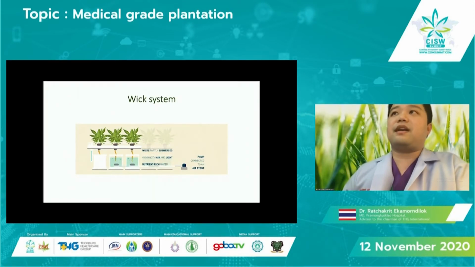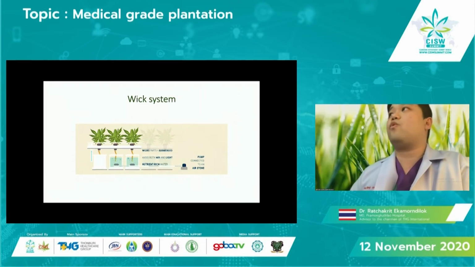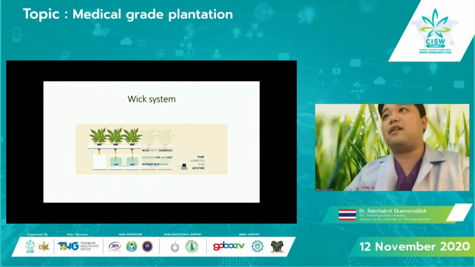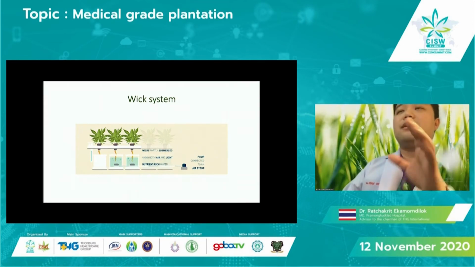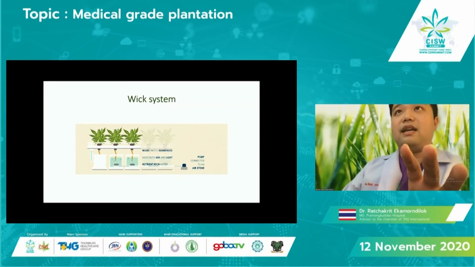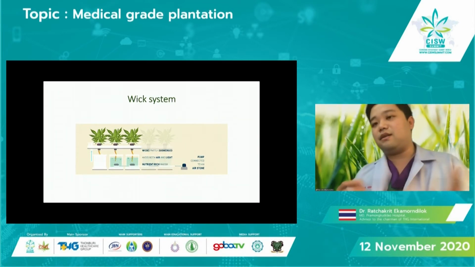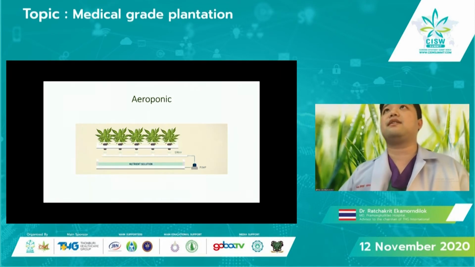A wick system is maybe similar to DWC, or deep water culture. But you have to avoid air and light on the root, or it can cause a problem and cause bacteria overgrowth. So when you say hydroponic, you can choose what is perfect for your plantation.